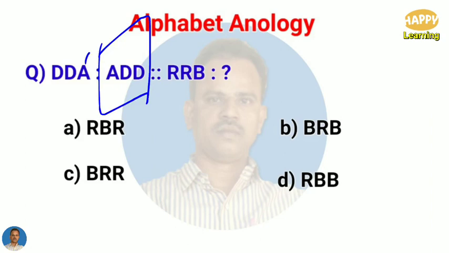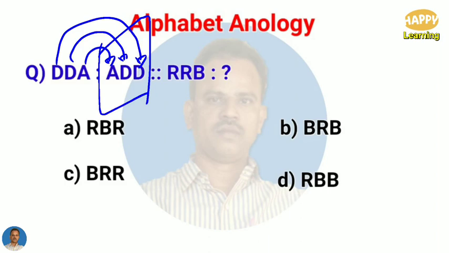A, which is last, is coming first. Then this D, which is middle, is coming at the middle, and this D at the first is coming at the last. Reversing, mirror imaging is done here.